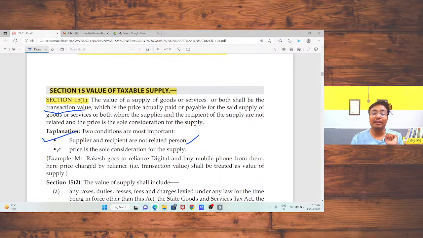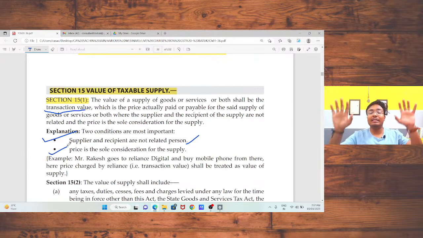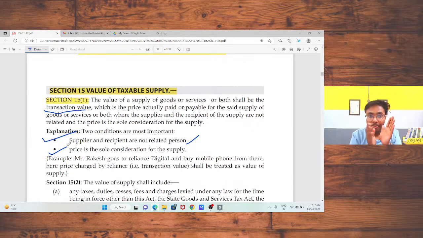Another condition, price is the sole consideration for that supply. I am going to pay the amount, and apart from that I am not going to pay anything to that Reliance Smart or Reliance Trends. In that case, I am just going to pay the amount, that is, price is my sole consideration. Both the conditions are satisfied. In that case, the transaction value will be your value of supply.